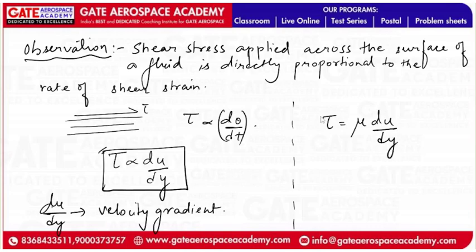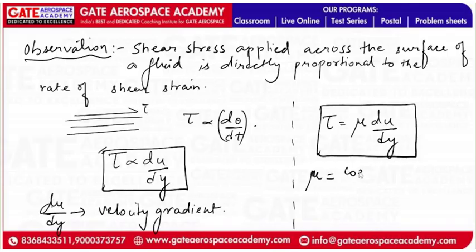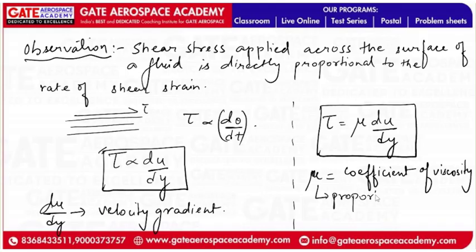Now, what is this mu? Mu here is described as the coefficient of viscosity. It is the definition of it, and we will go into this a bit later. But for a while, this is being used as a proportionality constant.